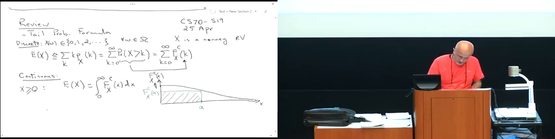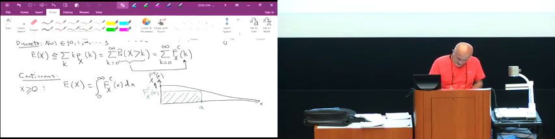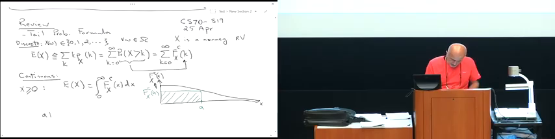So when I look at that area, a times F_X^c of a, that area is clearly less than or equal to the total area under the complementary CDF curve. So I can write this.